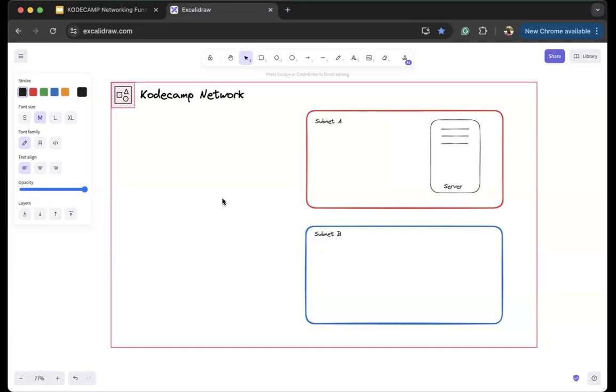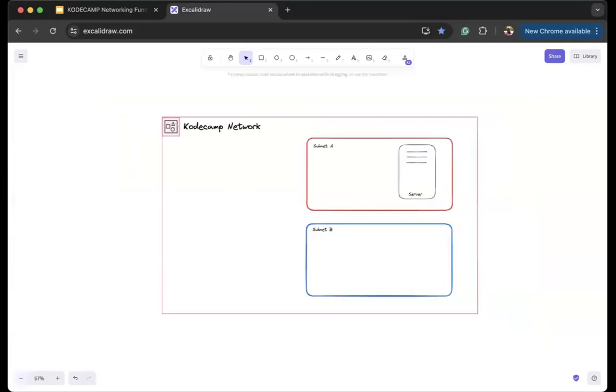We're looking at subnetting, for instance. We have a network, we have two subnets, and then we have a server within one of the subnets.